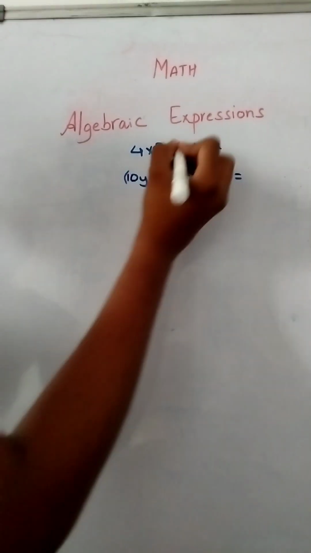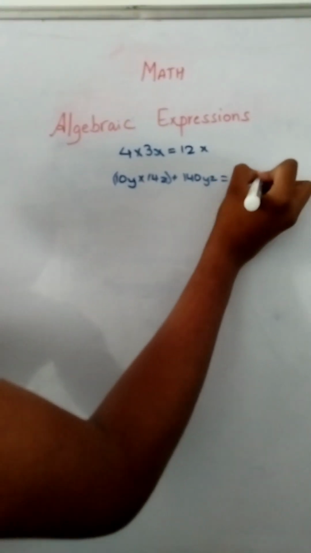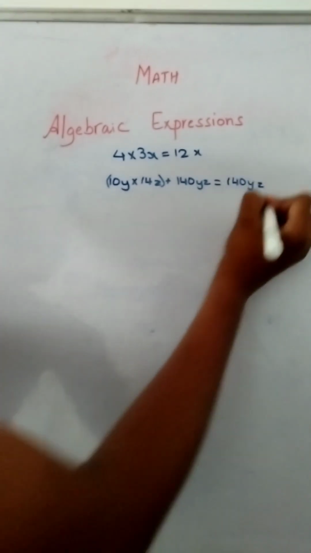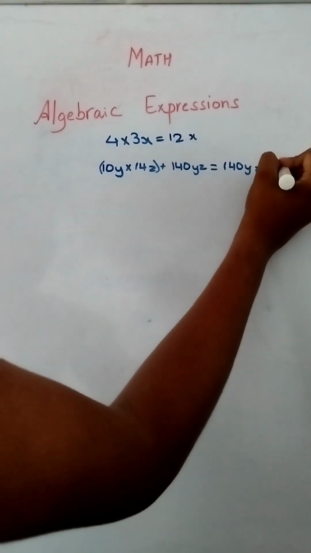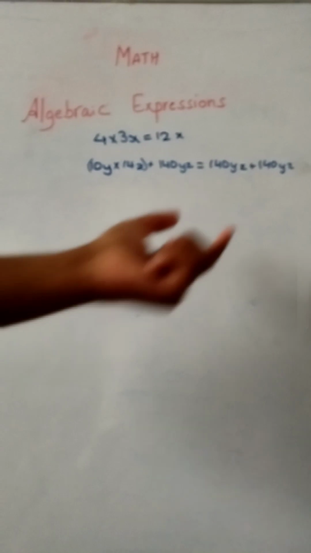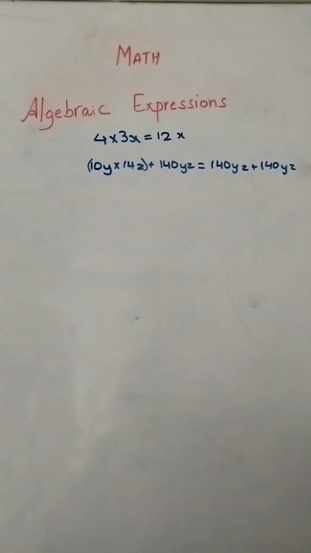So 10y into 14z is 140yz, and as we are adding 140yz, all we have to do is double this. But remember that even though the variables are the same, in this case we must not make the variables squared.